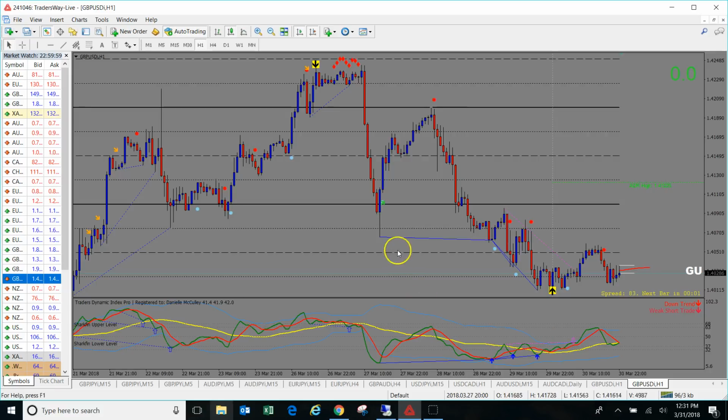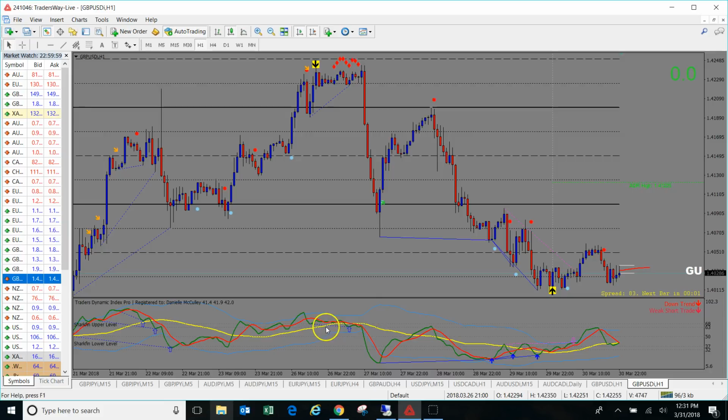But the TDI Pro, to me, is one of the best indicators. It has everything you need in here. For those of you that like to use the Bollinger Bands, it kind of has that, but in the TDI they just call it volatility bands. It acts the same as the Bollinger Bands.